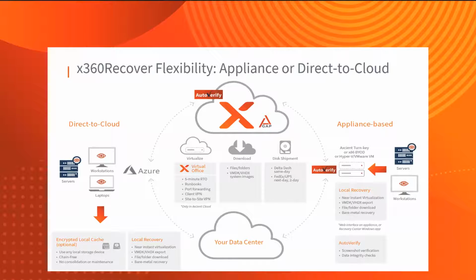So if something were to be deleted or removed at night, the agent will reach out to the vault and it will pull down whatever missing content that it needs to in order to make that local cache 98, 99, 100% compatible with the content that we have. So that way you always have 98, 99, 100% of that content in that local cache in order to help you speed up recoveries. So great question. Hopefully that helped answer that for you.